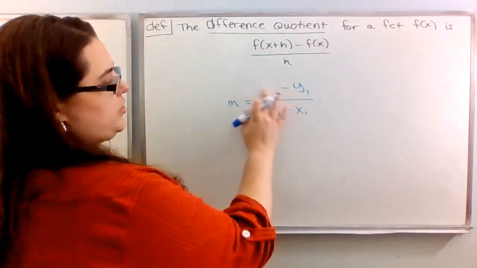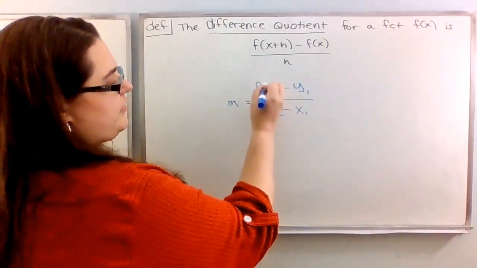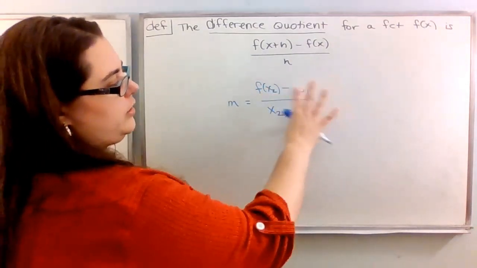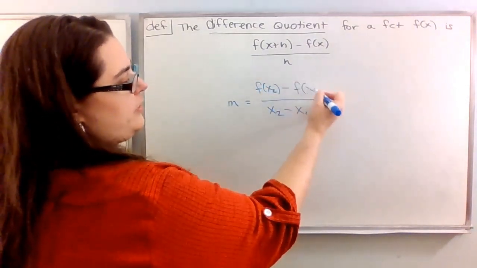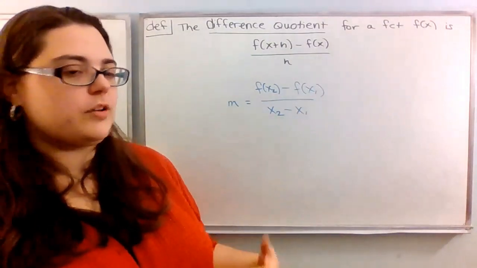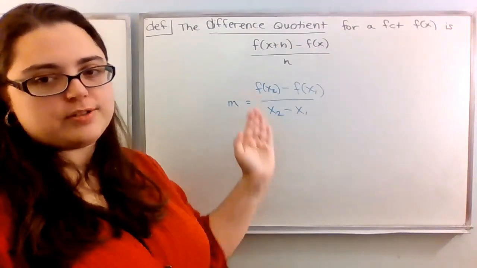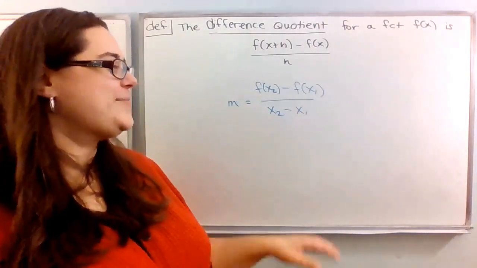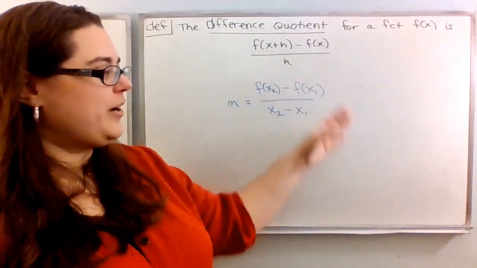So instead of y2, you can think of that as f of x2, and instead of y1, you can think of that as f of x1. In calculus, you're going to think of your slope formula in terms of function notation. It's the same slope formula you know and love, or don't love, but the one you've become accustomed to using.